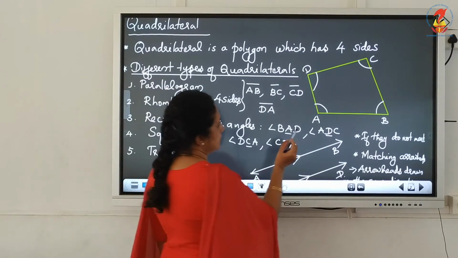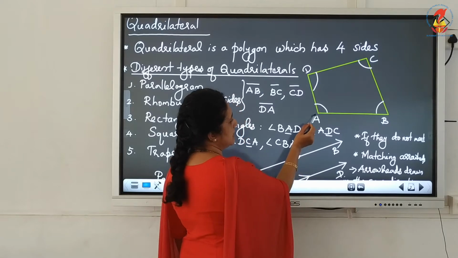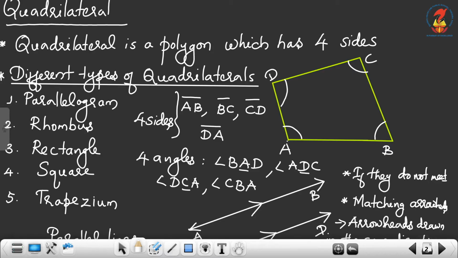And this quadrilateral has 4 vertices. Which are the vertices? A, B, C and D are the vertices.